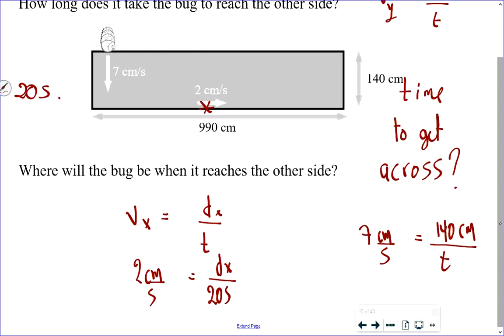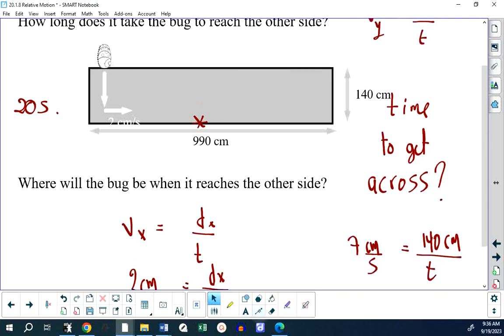And in fact, we can forget about the width and the length, and if I add these two velocity vectors together, this will be the path of the bug. We're adding vectors together, but they're not displacements, they're velocities.